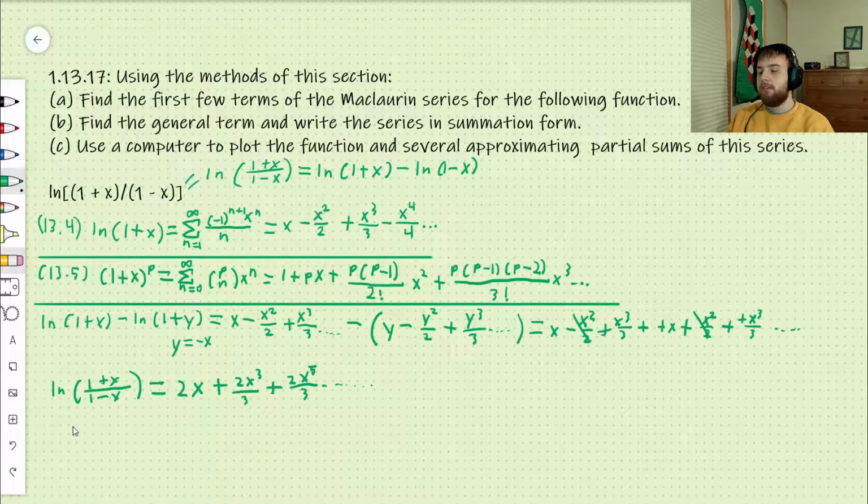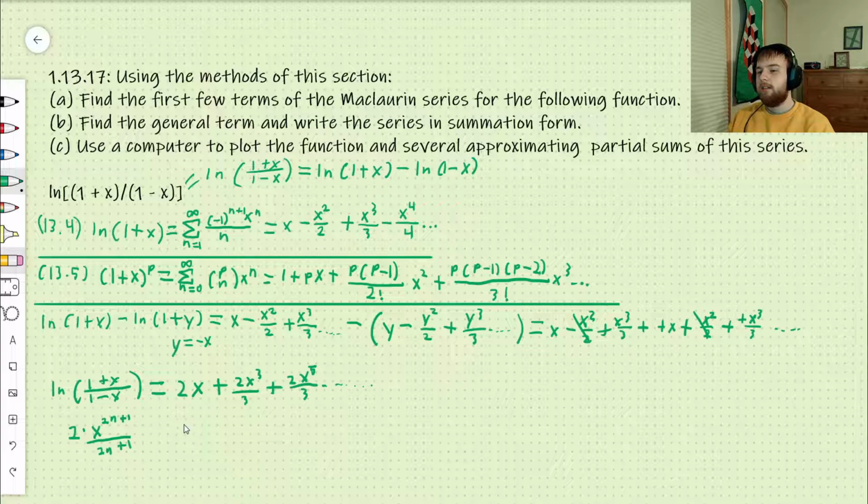The general term, we've got to remember our definition of even and odd numbers here. So our general term is 2 times x to the 2n plus 1 over 2n plus 1, because those are all the odd numbers.